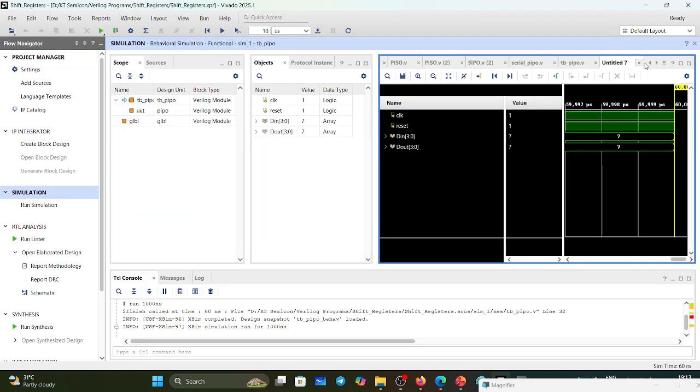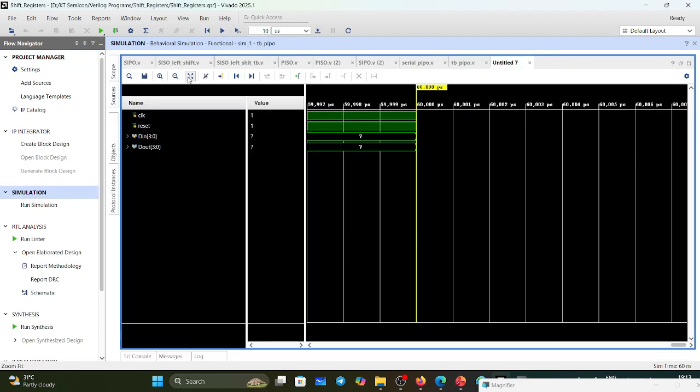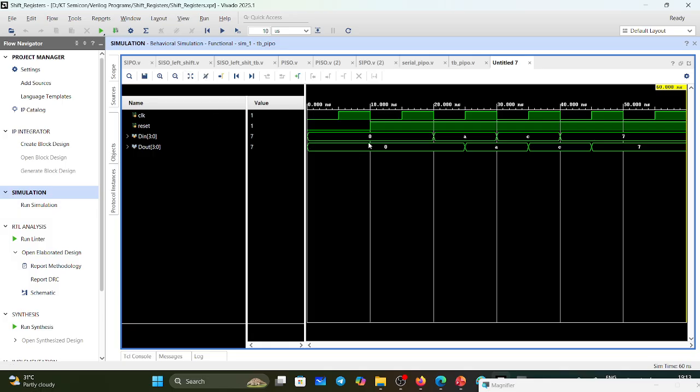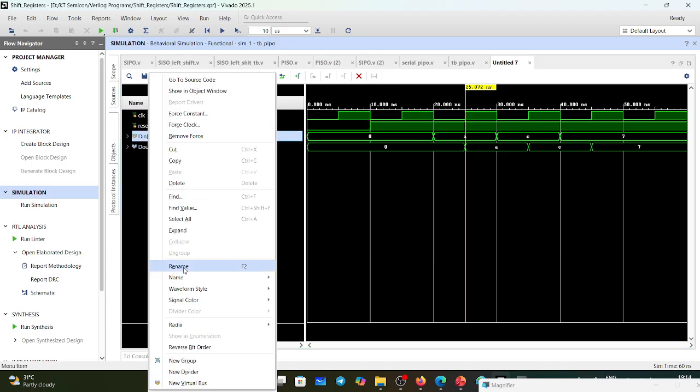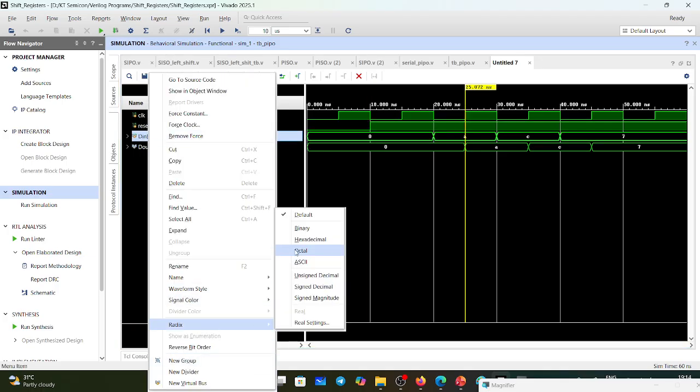So see this, first what we given. During this reset equal to 0, you are getting data out equal to 0 only. Again during this passage of clock, first you are loading which data, 1010, radix binary.